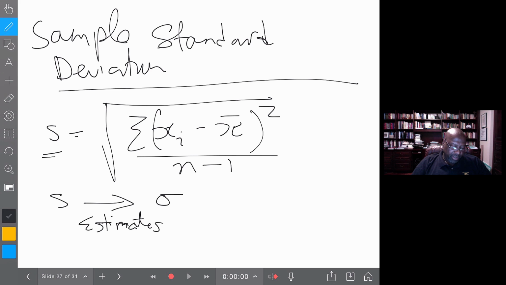So S estimates sigma for us, all right? And so therefore, if population variance is sigma squared, then sample variance is S squared. All right? So that's variance.